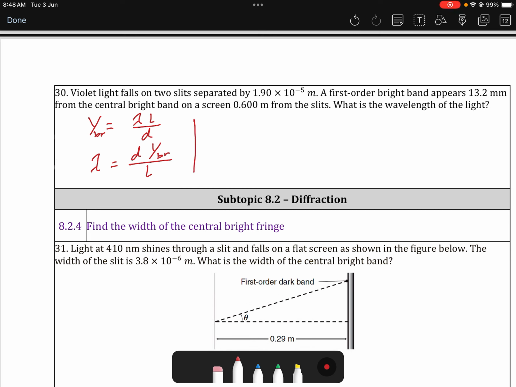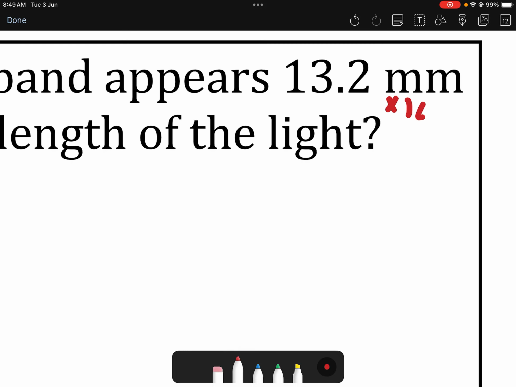Lambda equals, now let's substitute. D is 1.9 times 10 power negative 5, given here. Y is 13.2 millimeter. Milli means times 10 power negative 3.